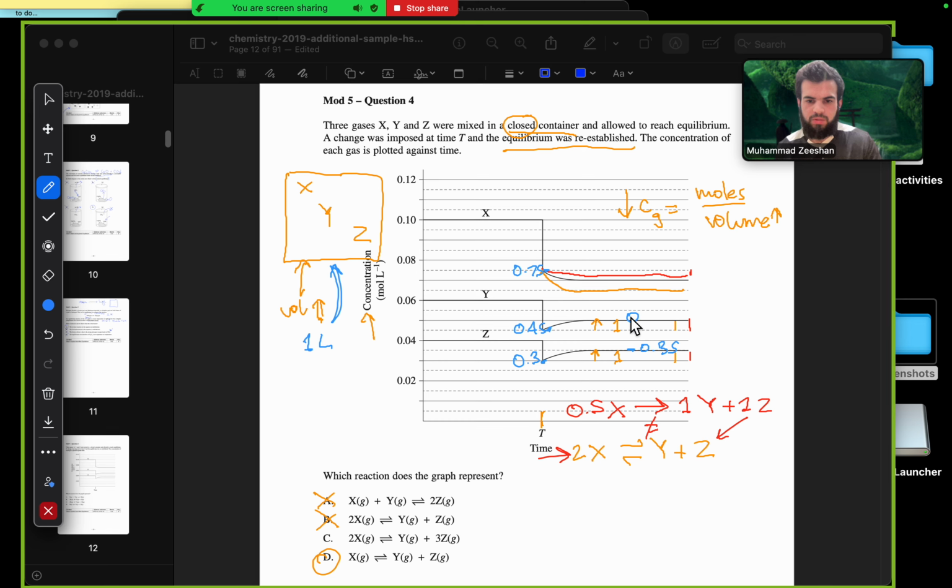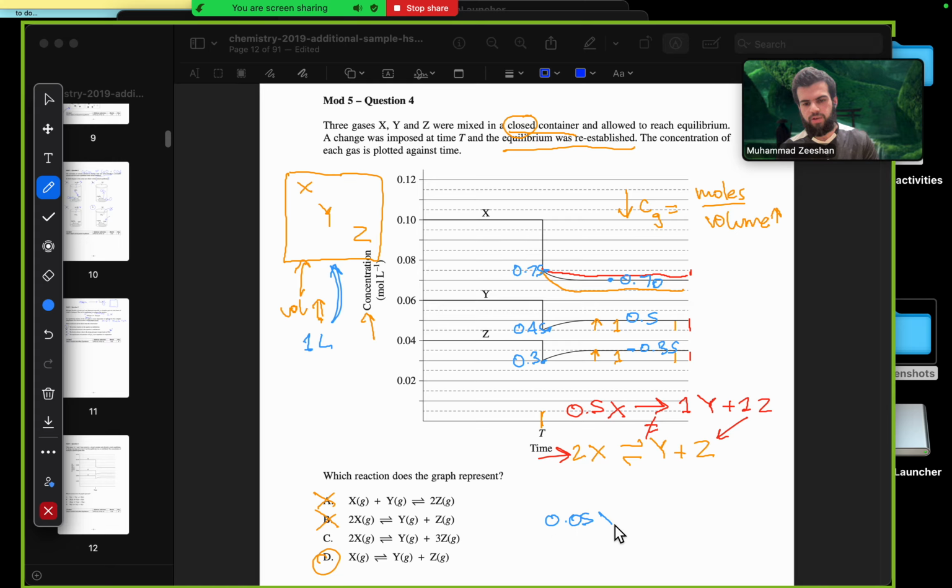Y becomes 0.5. X becomes 0.7. So yeah, 0.05 moles.